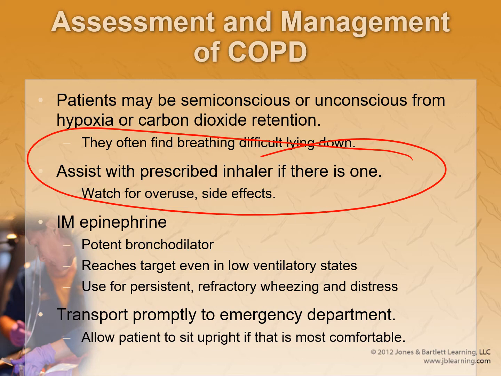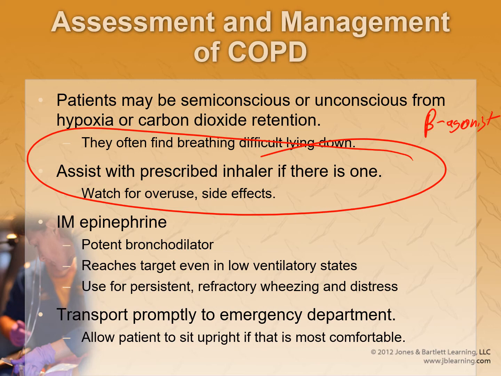By supplying them with the medication from the inhaler, those drugs, like albuterol, are a beta agonist. We'll talk about what that means when we get to pharmacology. But beta receptors, when they're activated, cause smooth muscle in the vasculature to contract.